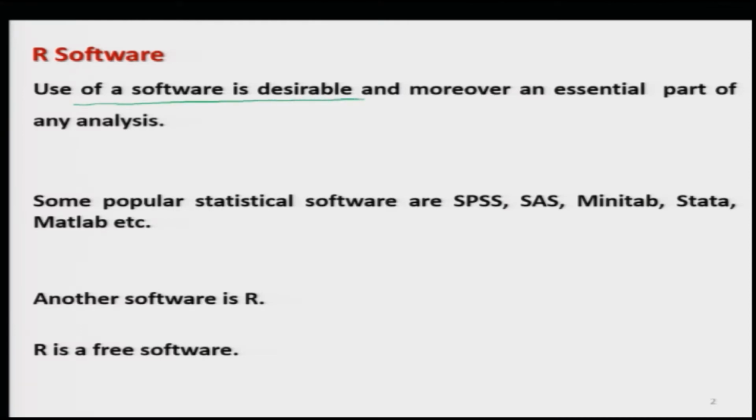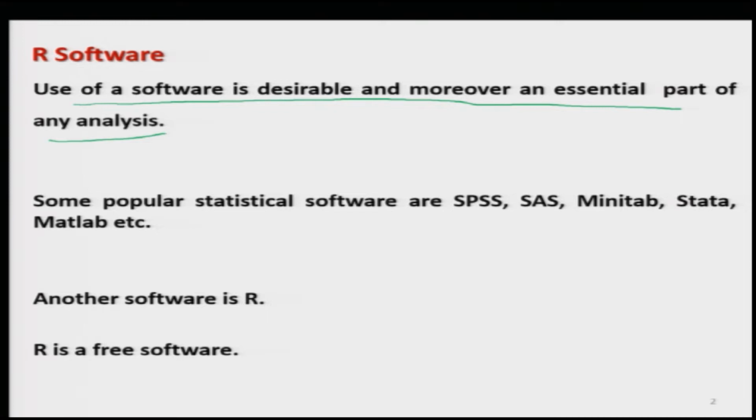Right. So the first question comes here: what is R software and why is it needed? We all know that the use of software is desirable, and moreover it has become an essential part of any statistical analysis, any data analysis.